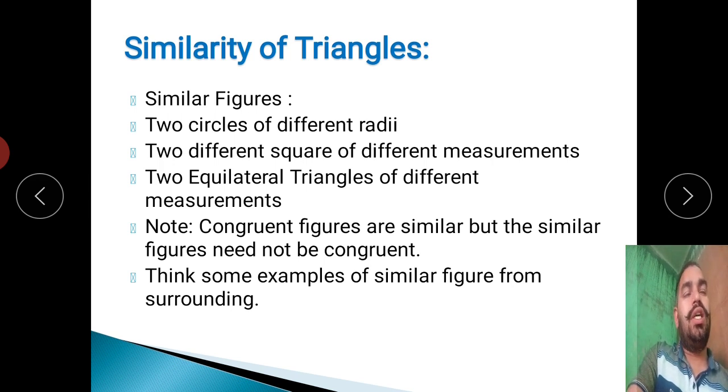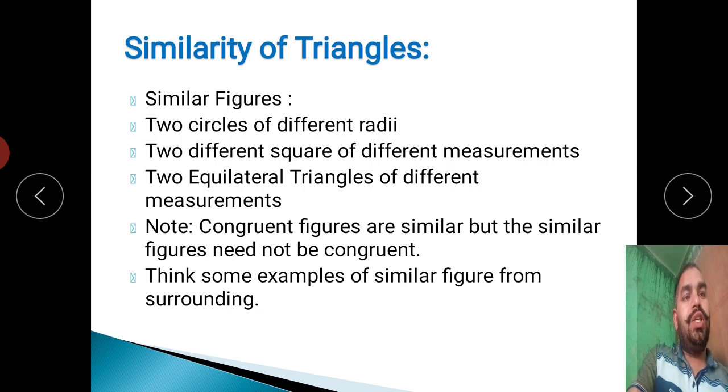Then the two triangles are said to be similar triangles. For connectivity, some examples of similar figures: two circles of different radii are similar figures, two squares of different measurements, two equilateral triangles of different measurements. Congruent figures are similar, but similar figures need not be congruent.